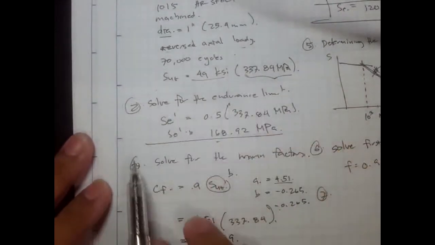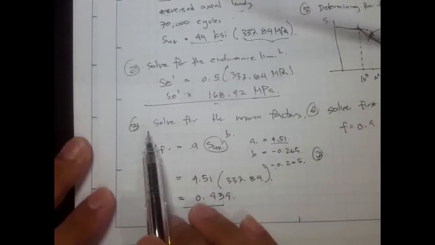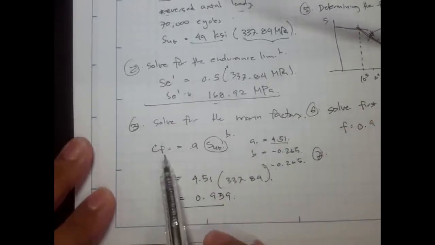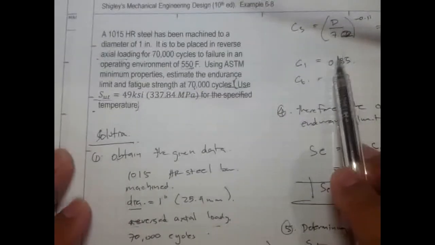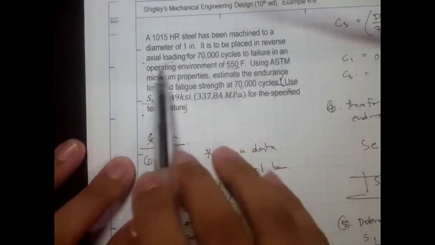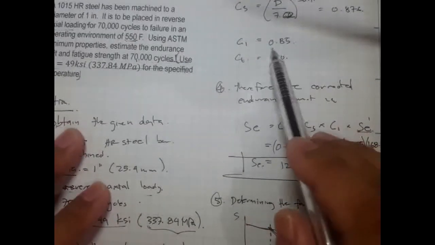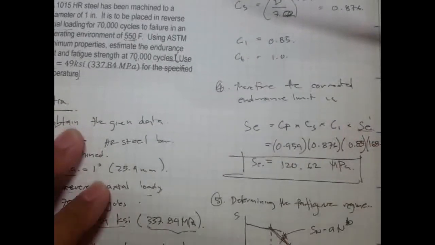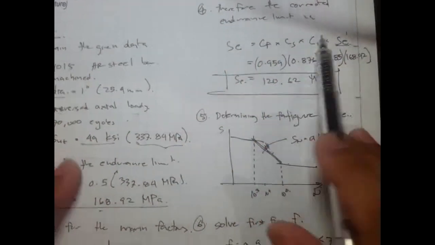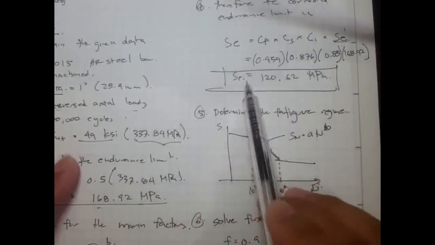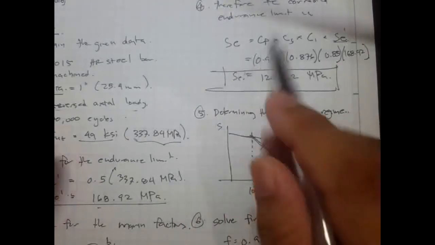After that, we solve for the Marin factors: the surface finish factor, the size factor, and the loading factor, which, because this is reversed axial loading, we use 0.85. Once we have all the factors, we can solve for the corrected endurance limit.